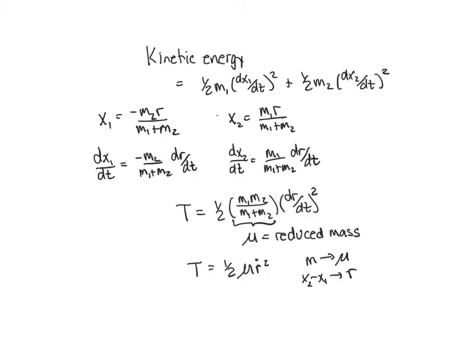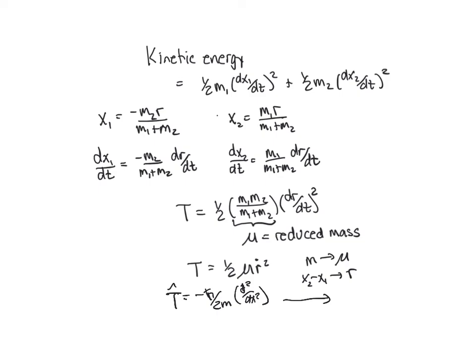To get to the kinetic energy operator, I'm going to make the same kind of substitutions. For each x, the kinetic energy operator is minus h bar squared over 2m times the second derivative with respect to x.